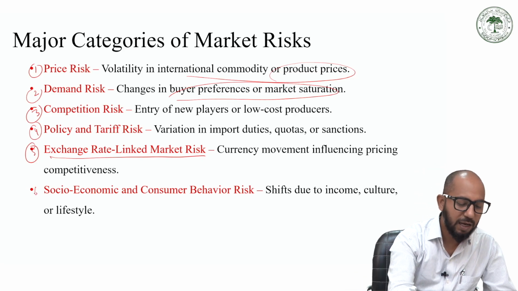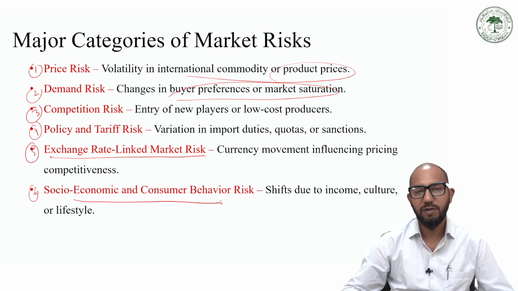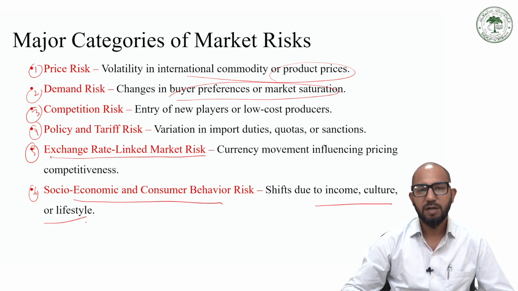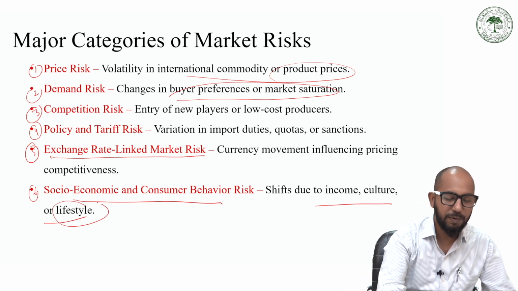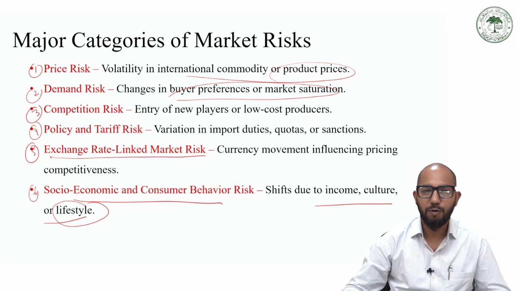And finally, the last category E is socio-economic and consumer behavior risk. This is due to shift in economic conditions, that is income, culture or lifestyle of the people, and they may change the perspective of using a particular product, which may ultimately result in low demand of the product, and that is also a market risk for the exporter.